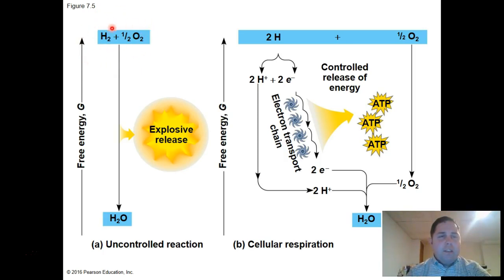So if you go H2 plus O2 to give you H2O, uncontrolled gives you an explosion, but in the end of cellular respiration, we're going to do this stepwise, little bit by little bit, electrons moving down an electron transport chain, releasing little bits of energy at a time, and this energy can then be utilized and harvested to make a lot of ATP, and we ultimately still end with the same product, which is H2O. This hopefully now makes a lot more sense to you since you've seen the electron transport chain, but remember this when we get to that part of the chapter.